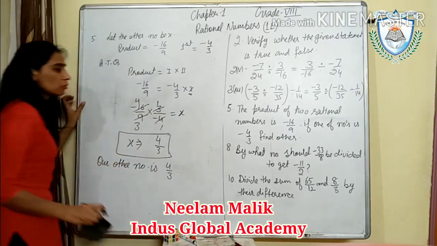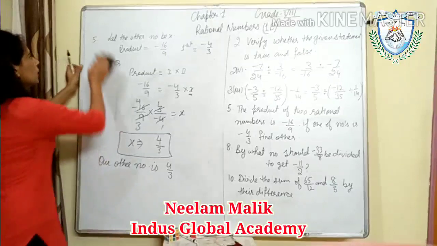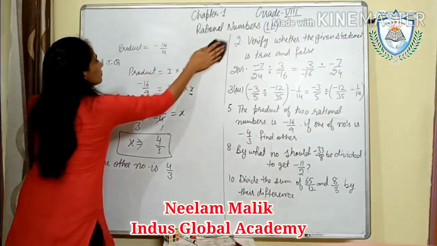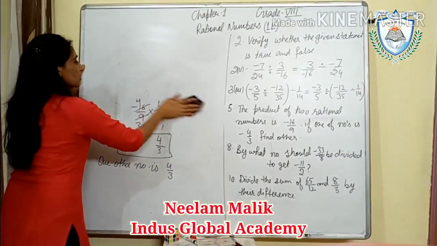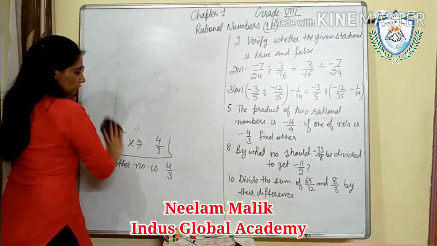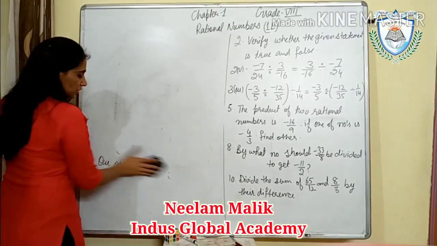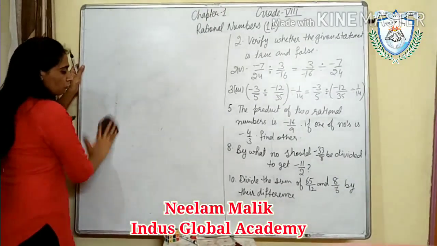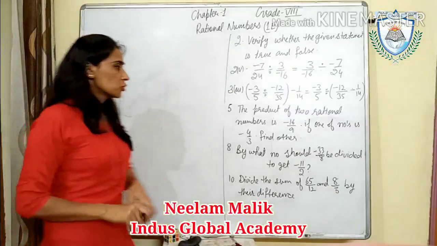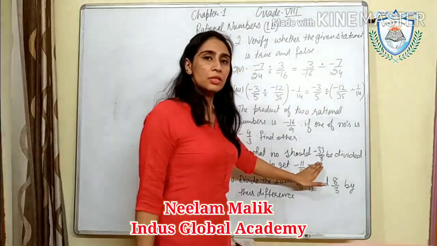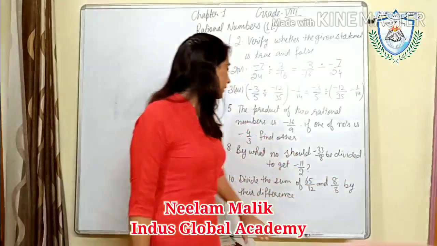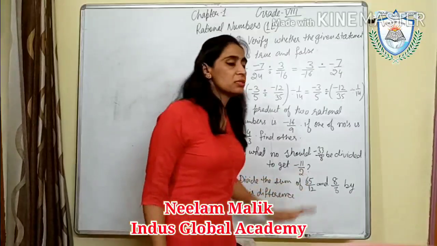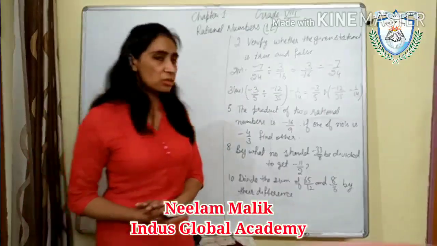Okay, now question number 8. Now the question number 8. In question number 8, it's given: by what number should minus 33 upon 8 be divided to get minus 11 upon 5?